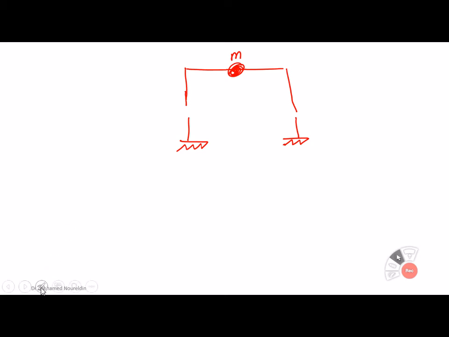So we have damping here. As we said, it is like a dashpot system. And let's assume that this is Fd, which is the damping that is going to take place.